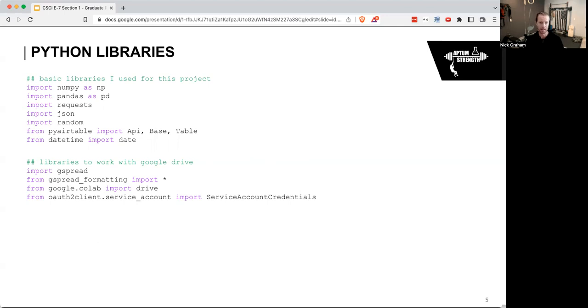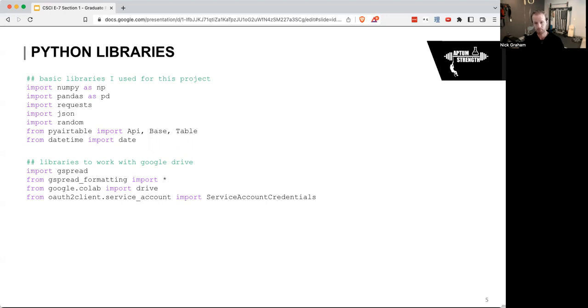I used the pandas library quite extensively in this, as a way to structure the workouts into a table where you have certain exercises Monday, Tuesday, Wednesday, Friday, Saturday, or whatever the case might be. I used the requests library because I actually dealt with APIs. I'll get into that in a little bit. JSON also relates to the API request, where I would get a JSON back, so I needed this library to handle that data.